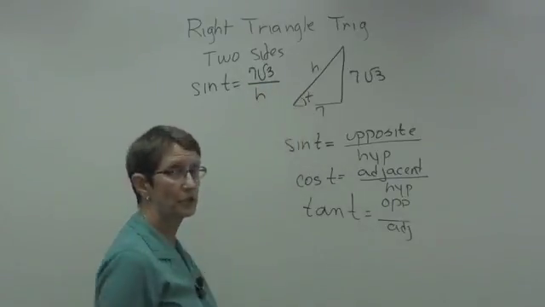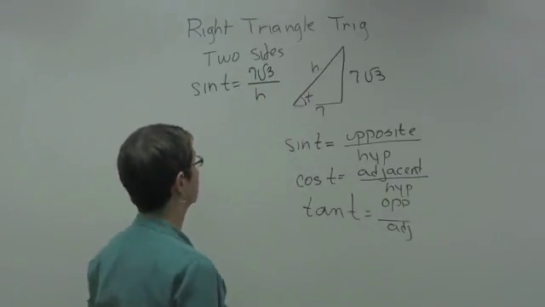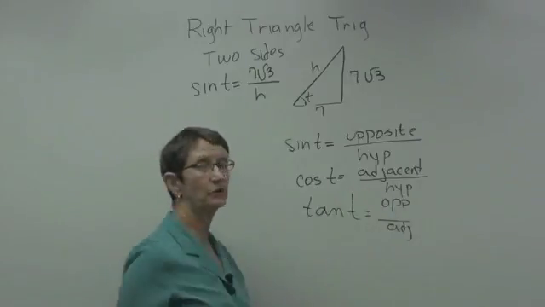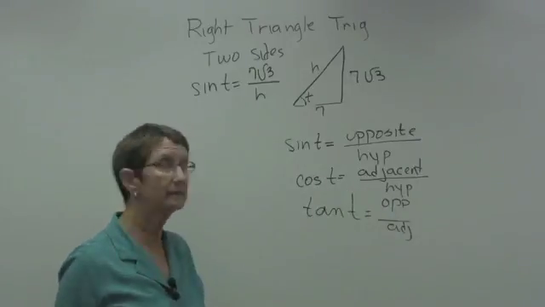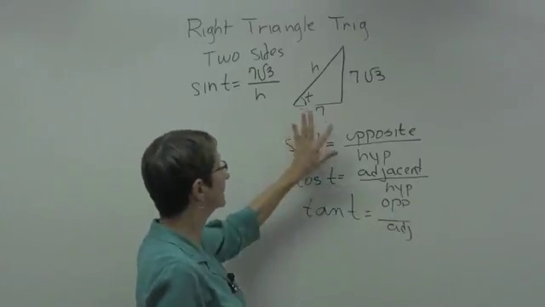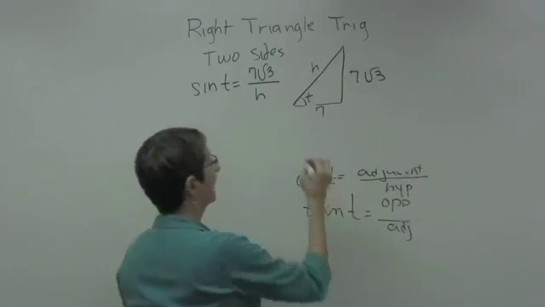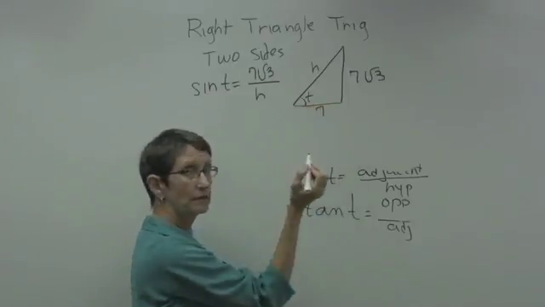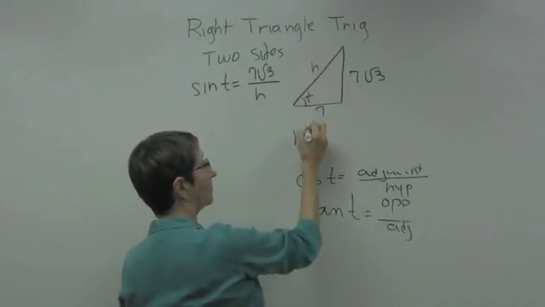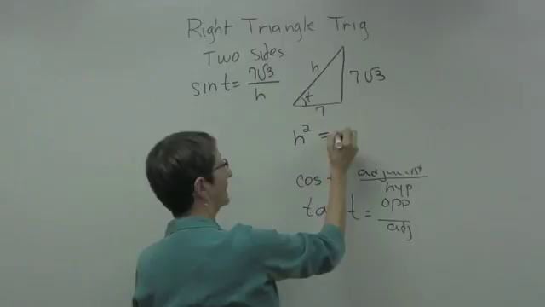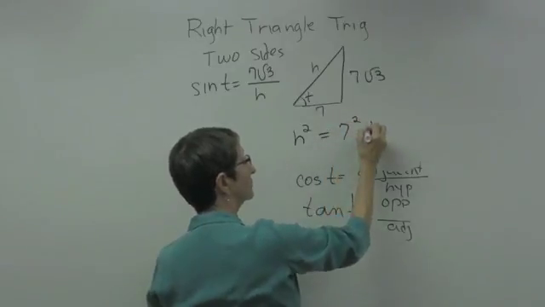Well, I don't have H yet. I need the hypotenuse for cosine too, so we need to find the hypotenuse. Because this is a right triangle, we can use the Pythagorean theorem, which says the hypotenuse squared is the sum of the squares of the other two sides.